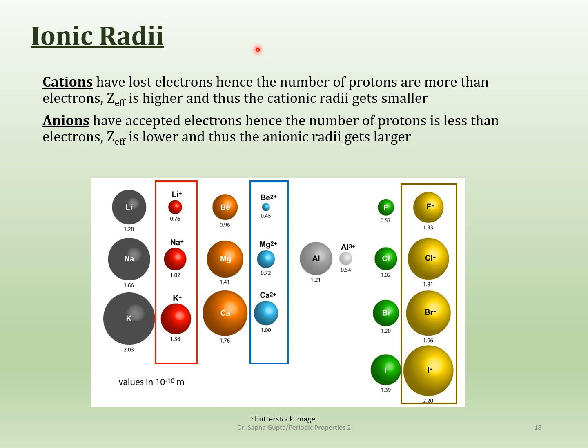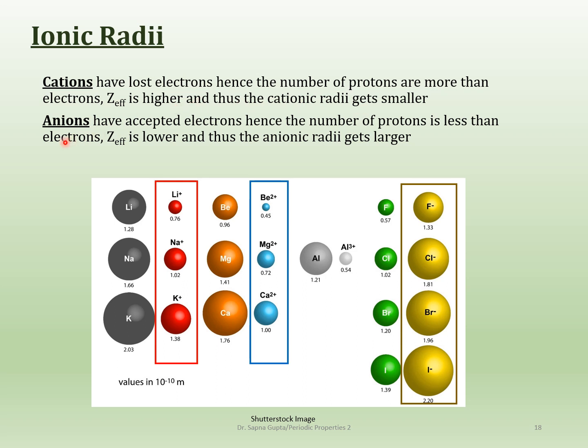The core electrons become the valence electrons. The protons are still there, still the same. You haven't changed that. So the effective nuclear charge is now higher in the cation. If the effective nuclear charge is higher, then the cationic radius is smaller than the corresponding metal or element.